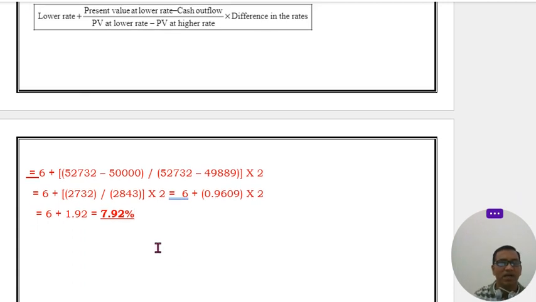So IRR is equal to 7.92%. At this rate of return, total PV of cash inflow will be equal to total PV of cash outflow. At this rate of return, your NPV will be equal to 0.